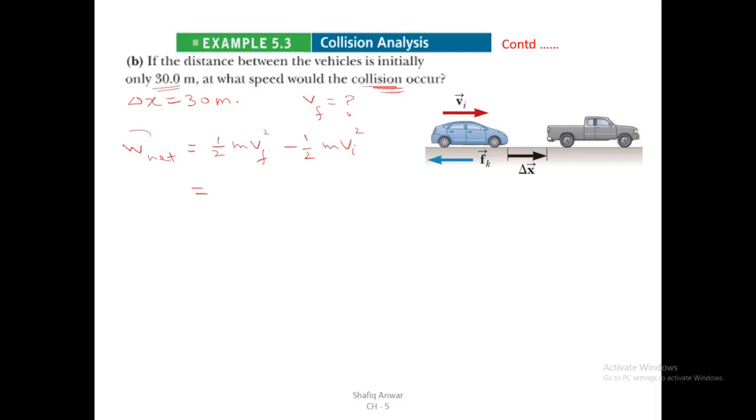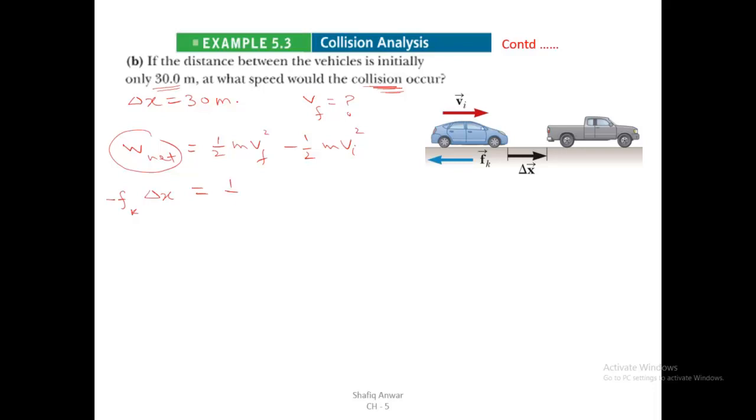And work done is equal to, as I told you, minus Fk delta x, because this is work done by the force of friction. It's negative due to 180 degrees. I'm writing directly now because now you are familiar with this.